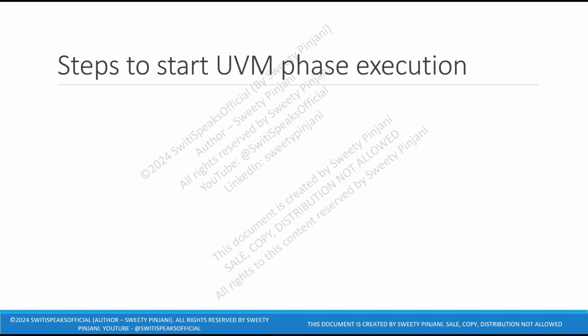Let's understand the steps to start the UVM phase execution. In order to start the UVM phase execution, you need to run test. Run test is a method. You need to run the test from the initial block inside your test bench top. Your test bench is going to have a top.